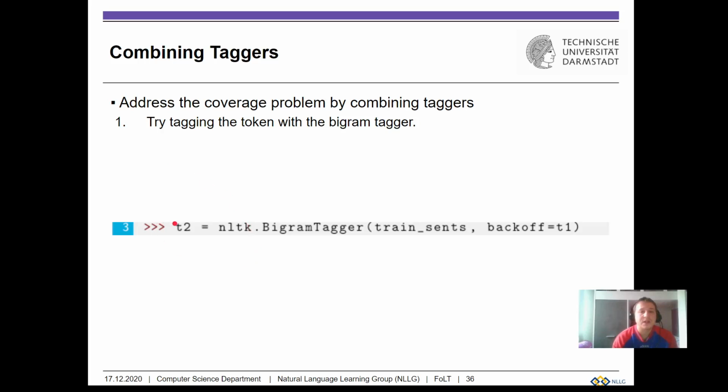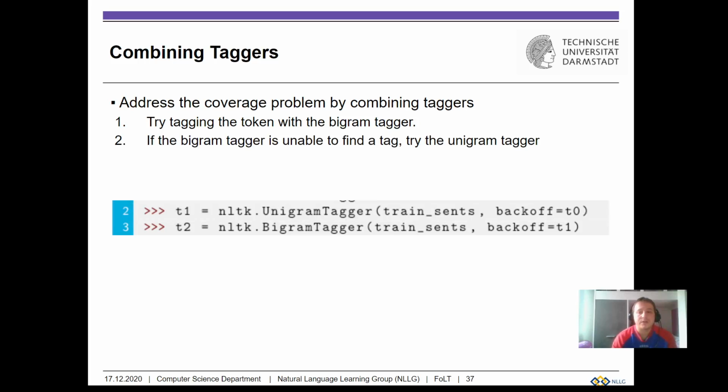We first start out with the bigram tagger, which is our most powerful tagger, and we say that it should back off to something less powerful in case it has not observed a certain bigram in the training data, right? So once some phenomenon has not been covered by the training data, it should back off to a unigram tagger, which sees more phenomena in the data, but is a less powerful model overall.